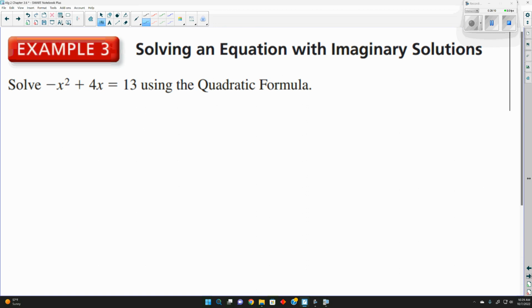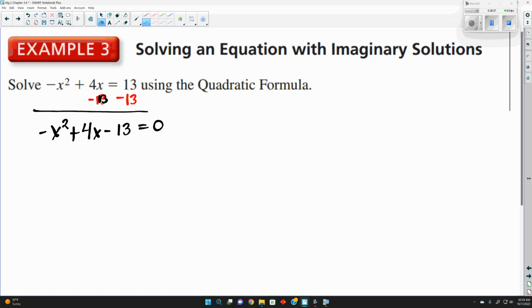Let's look at this next one here. Now again, when we solve these, we need these equal to 0. So the first thing we can do is subtract 13 from both sides, which will tell us that we have negative x squared plus 4x minus 13 is equal to 0.